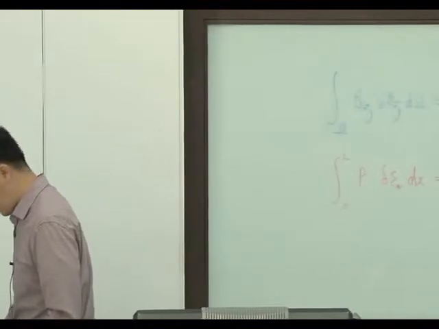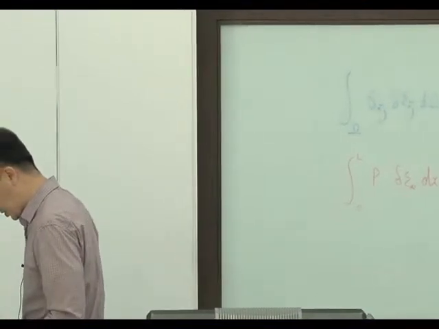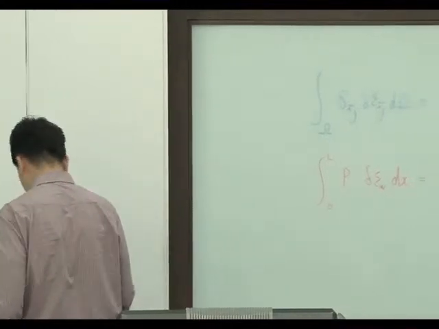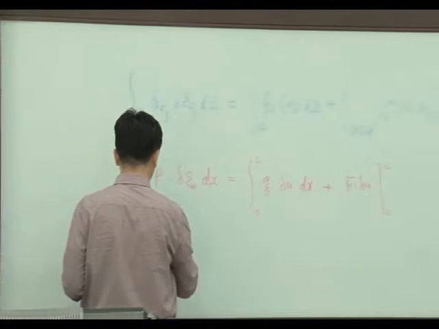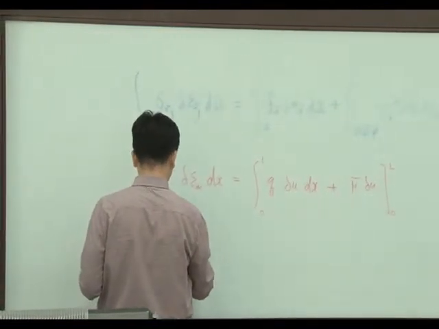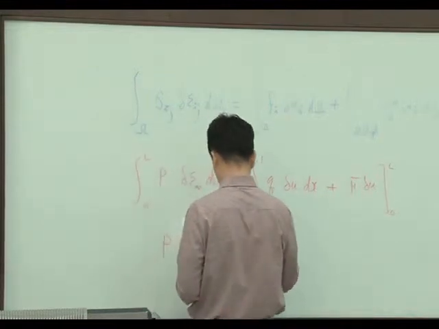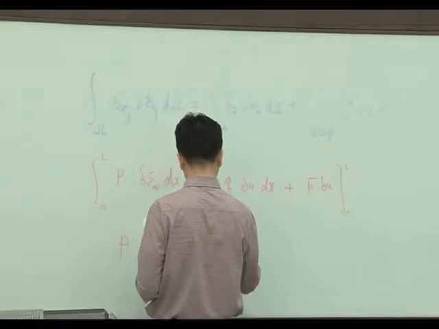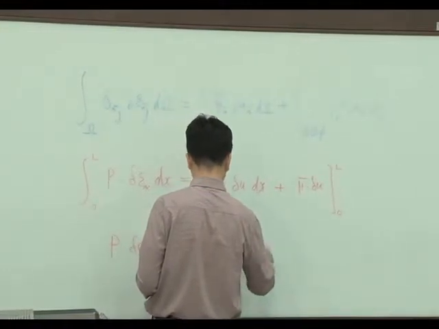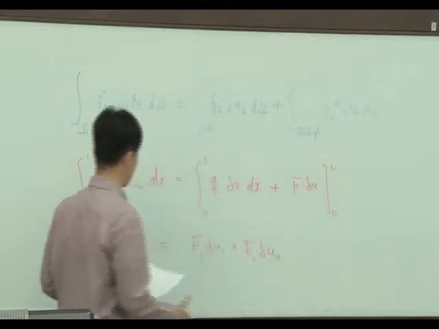And also, for the general spring case, we have the equation P delta equals F1 U1 plus F2 U2, right?